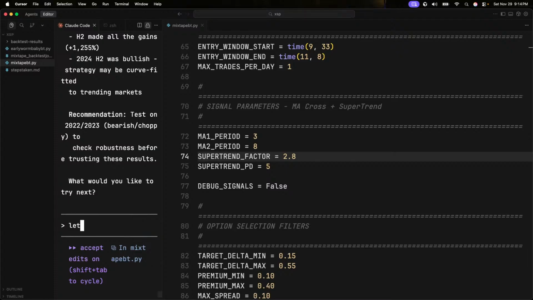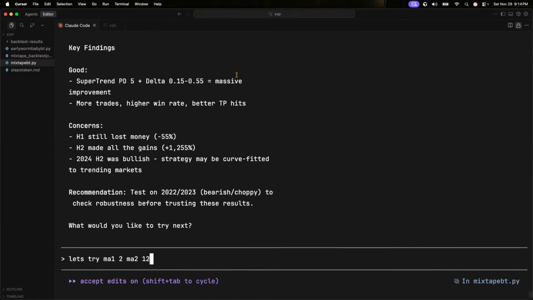So let's try MA1 to be 2 and then MA2 to be 12. Now follow me. This was a hack for another one of my strategies, right? And it performed extraordinarily well. So let's see if this works here.